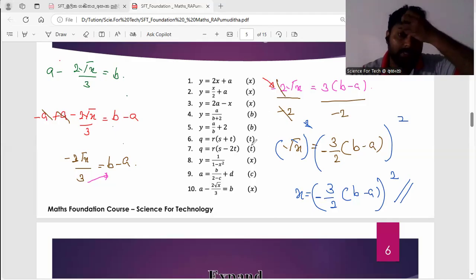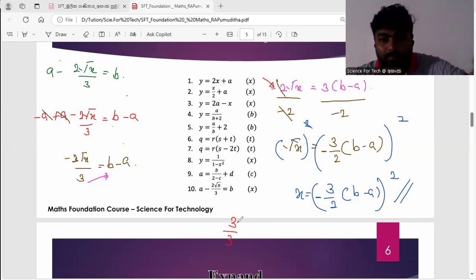Okay. Think like this. What is the answer when you divide 3 by 3? It is 1. Then what happens when you divide minus 3 by minus 3?